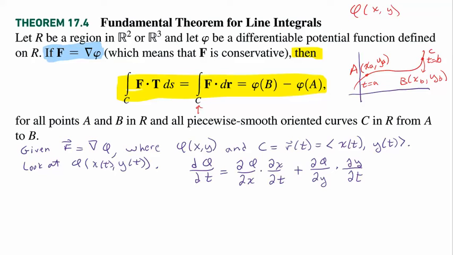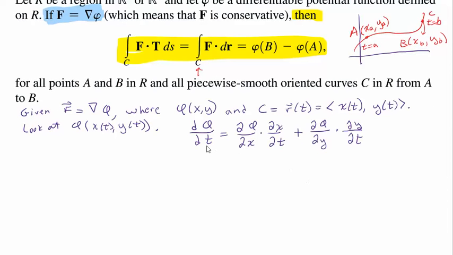Remember that chain rule? It's been a while since we've done that. Back in chapter 14, I think. Alrighty, so now what we want to do is write this as the dot product of two vectors. Can you do that?